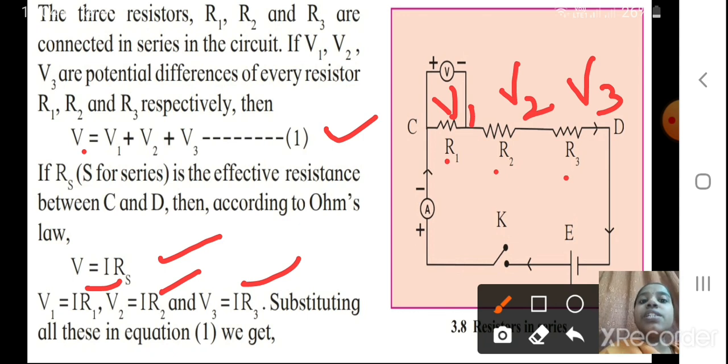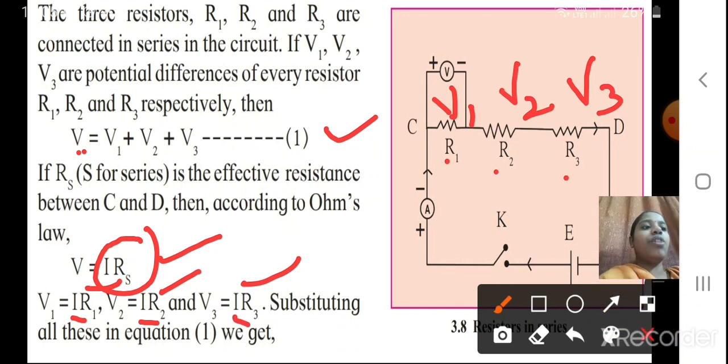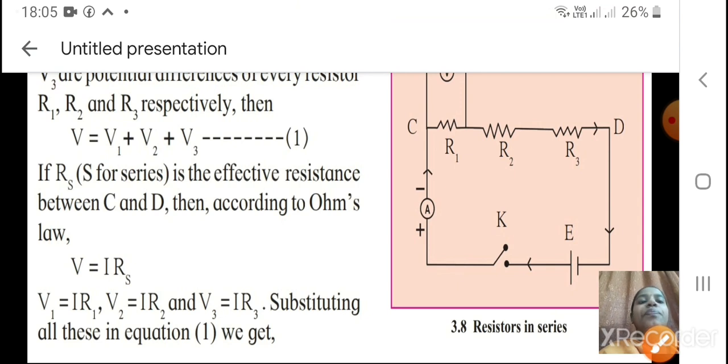So substituting all this in equation 1, here in this equation 1, for V you have IRS. So I'll put it here. The V1 value you got now is IR1, the V2 value is IR2, the V3 value is IR3. So I'll substitute all these values. Let's see what we get, students.